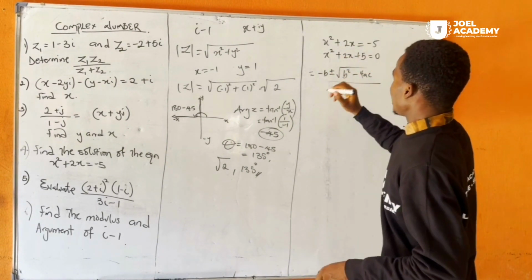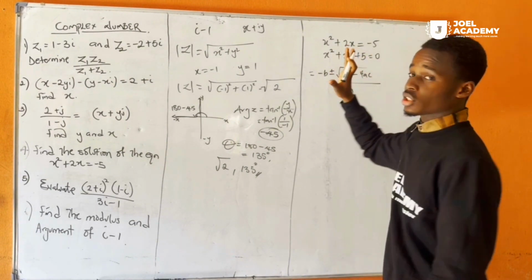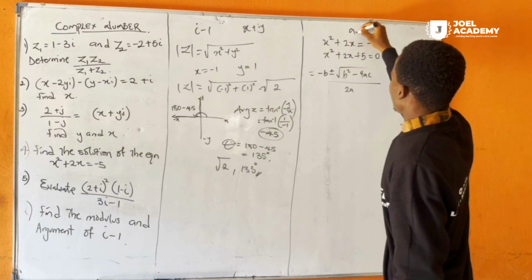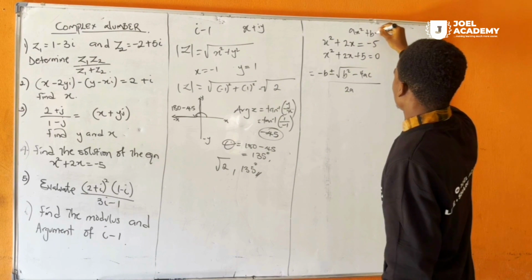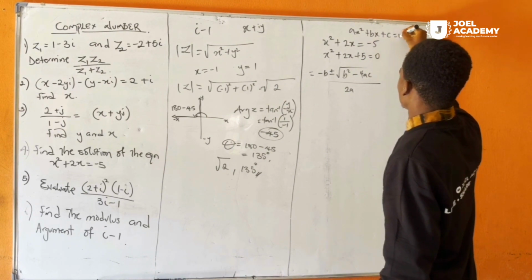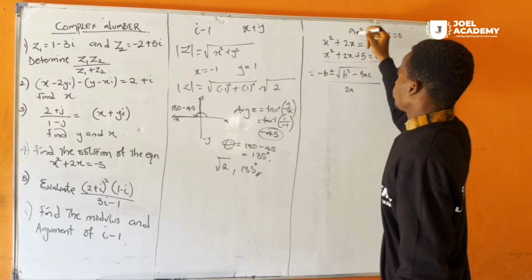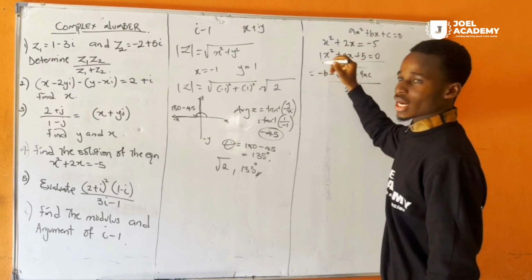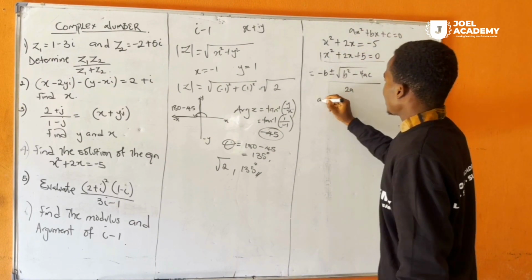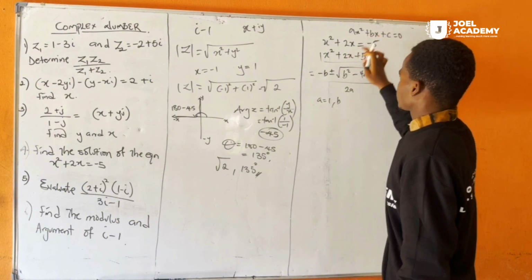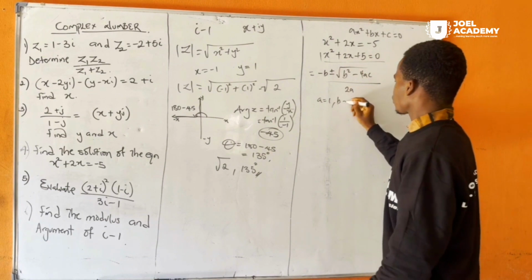First of all, let me show you the general form of the quadratic equation. It's ax squared plus bx plus c equal to 0. Comparing, our a, which is the coefficient of x squared, is what? 1. So write a is equal to 1. b is the coefficient of x, which is 2.